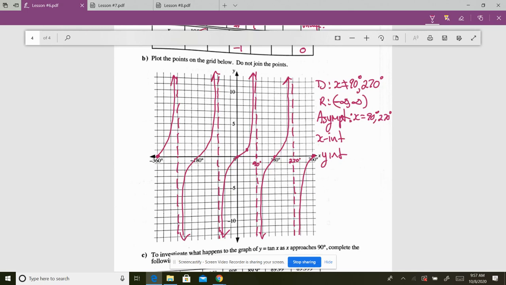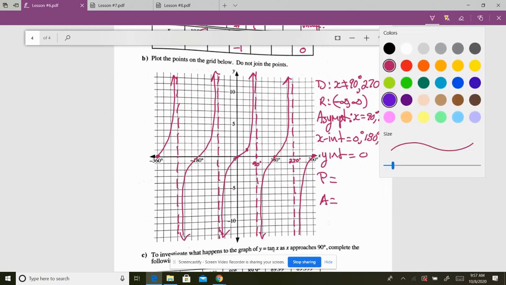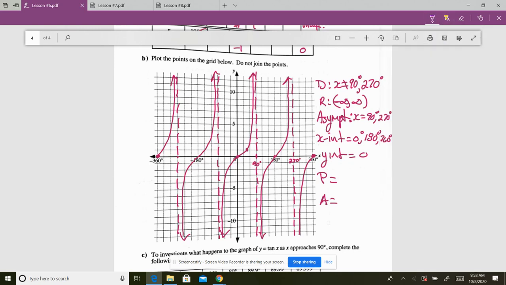X-intercepts. The first three from 0 to 360 are at 0, 180, 360. The y-intercept occurs at 0. What is the period? How often does this graph repeat? 180°.